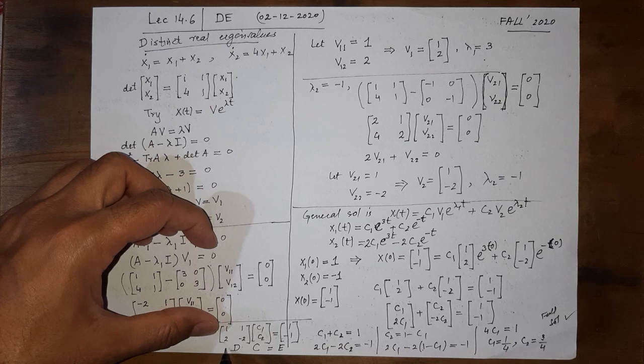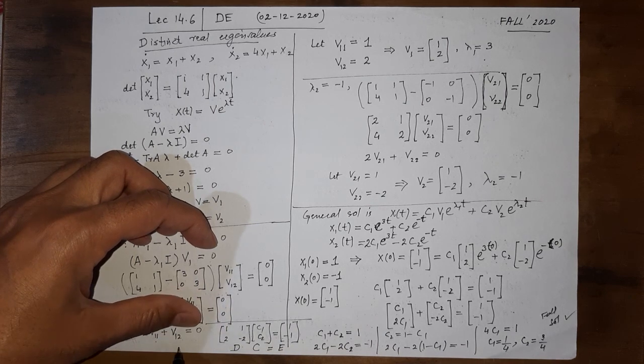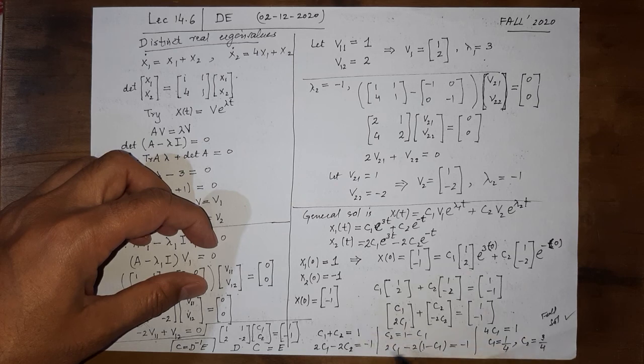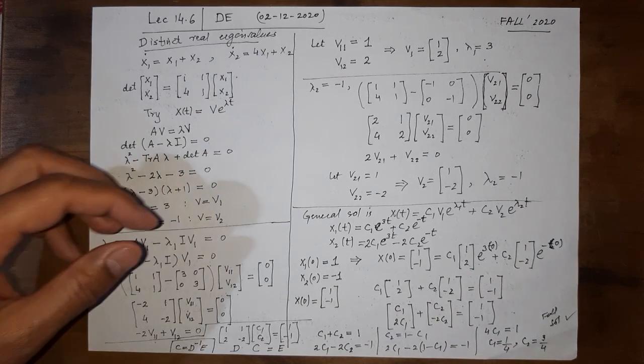So then we can multiply by the inverse of D on this side and the inverse of D on this side to get C equal to the inverse of D times E. This was what I meant by solving this whole thing using matrix mathematics as well.